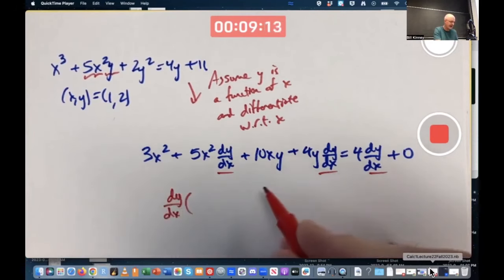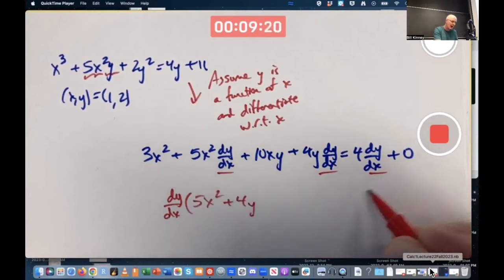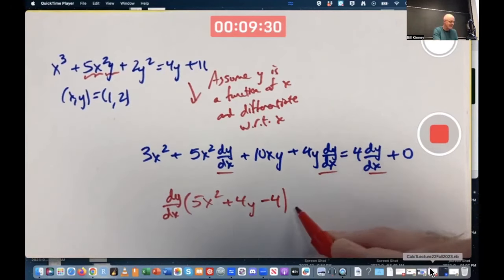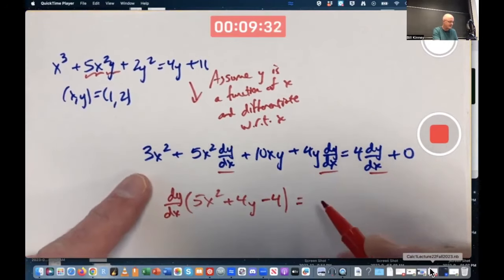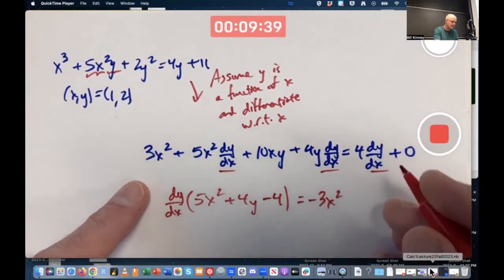First, on the left, factor it out of the 5x squared and the 4y, and I'm also going to imagine subtracting 4 dy/dx from both sides, so I'll also get a minus 4. Because I subtracted 4 dy/dx from both sides before factoring it out in my mind. On the other side, bring everything else. Minus 3x squared gets added to both sides, which is the same as subtracting 3x squared from both sides.